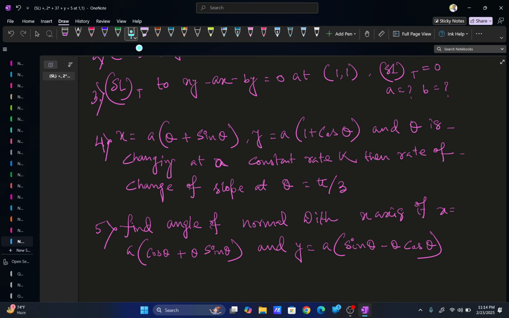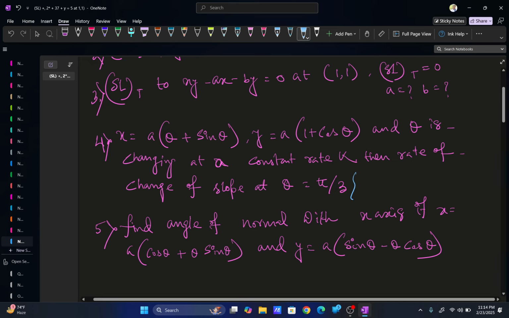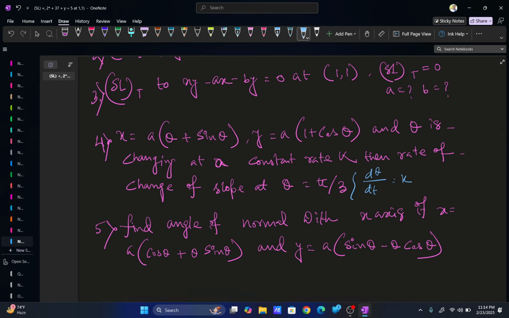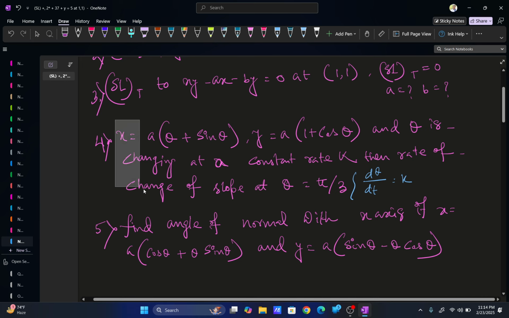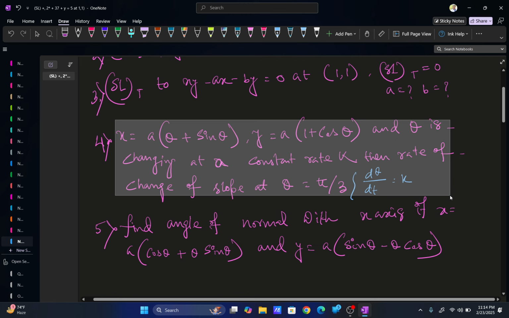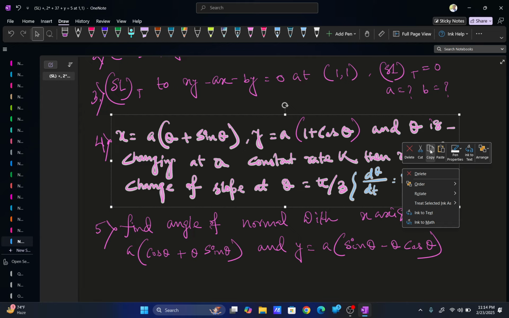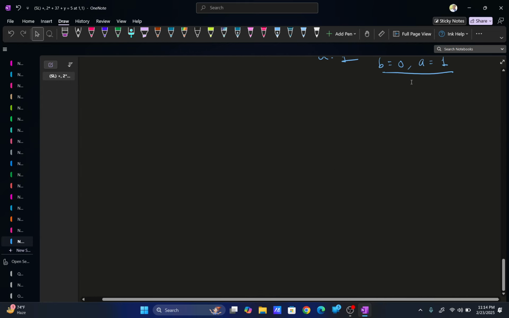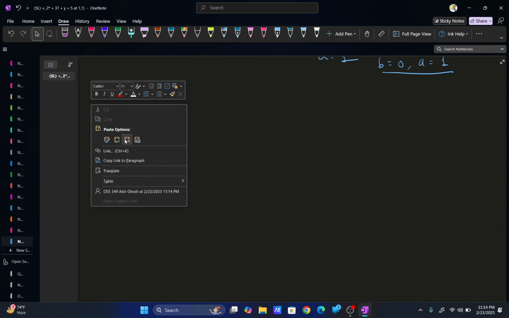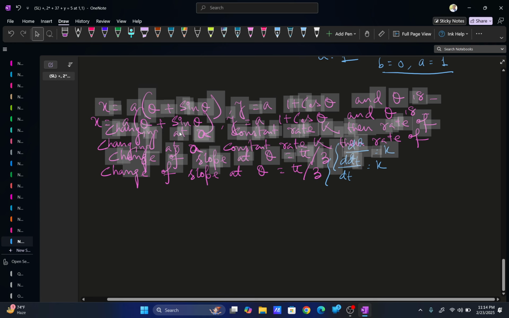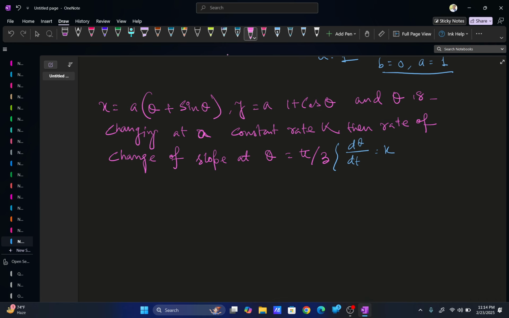From this statement, at first what is triggered in our mind is d theta/dt equals k. So I just copy the question to solve. Question number 4.